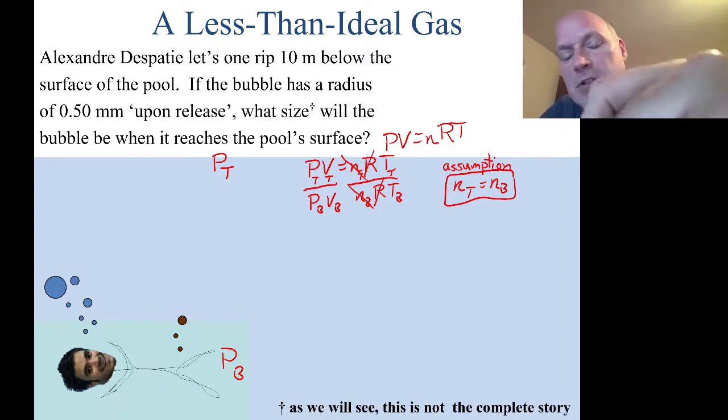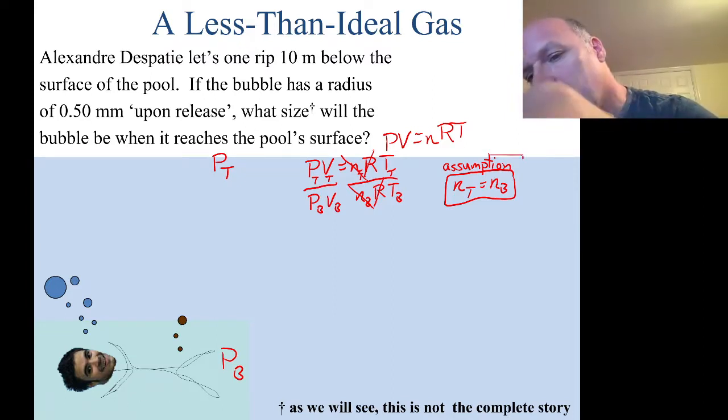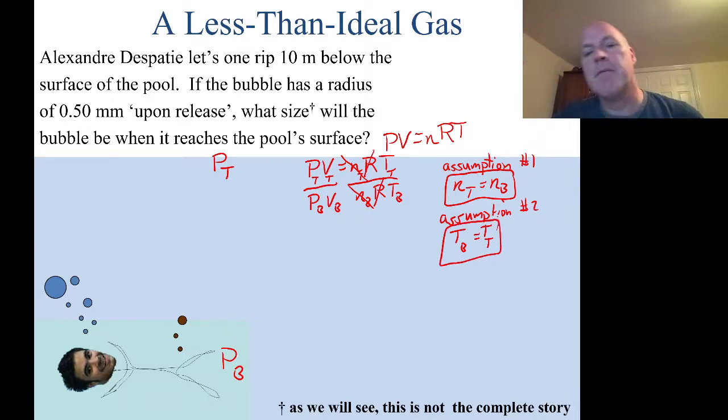What about the temperature? As the bubble climbs, does the temperature change as the height increases? Assumption 2, so this is number 1, is that temperature at the bottom is equal to temperature at the top. The temperature doesn't change.